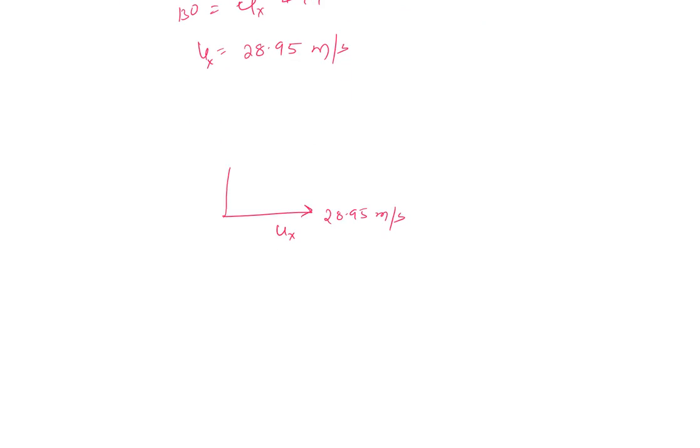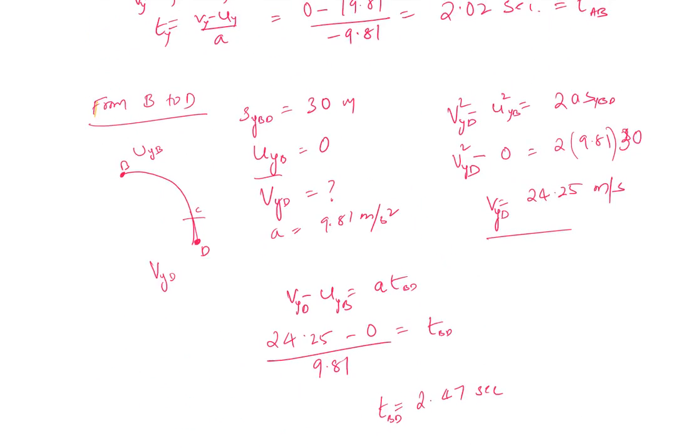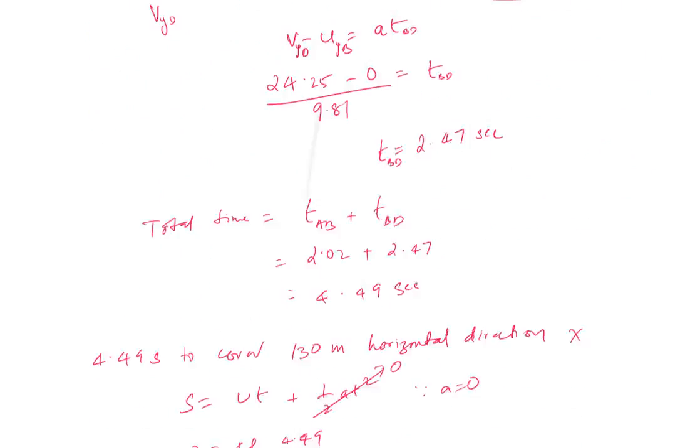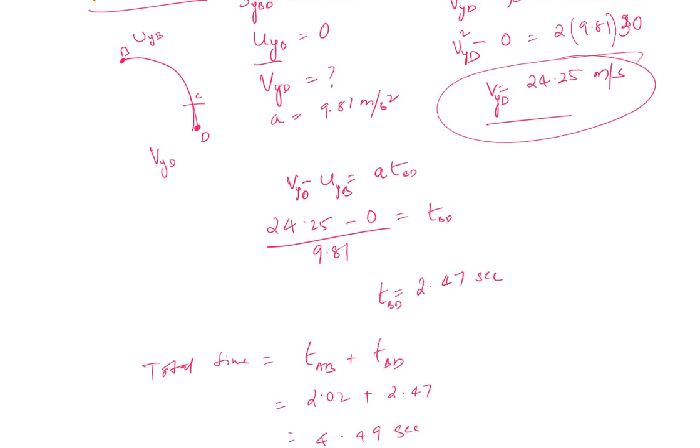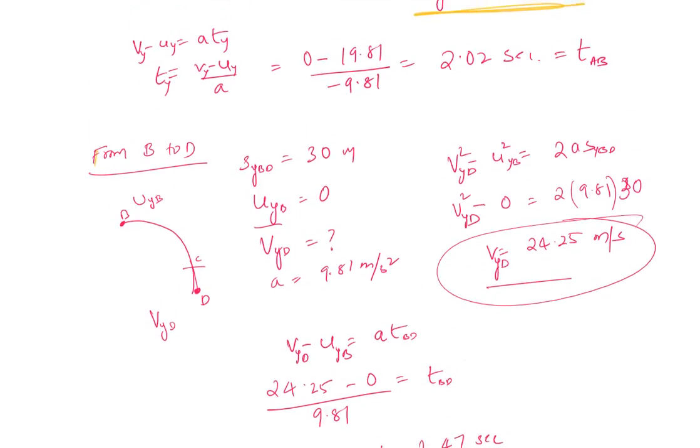So we know u_x is 28.95 meters per second. This is u_x, this is u_y, which we got here. So the resultant u is the square root of 24. Sorry guys, the vertical velocity is not 24.25.